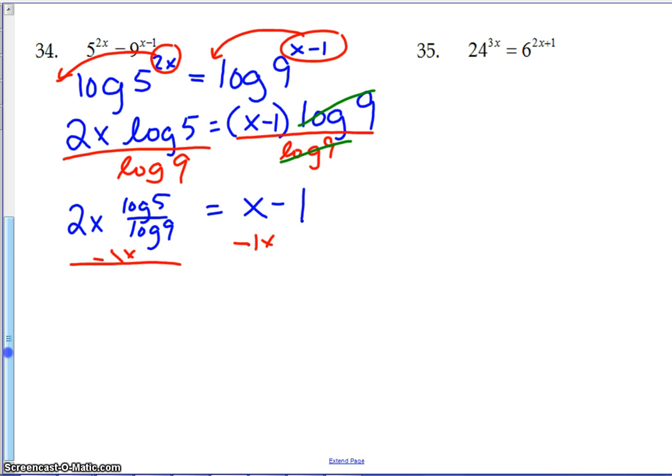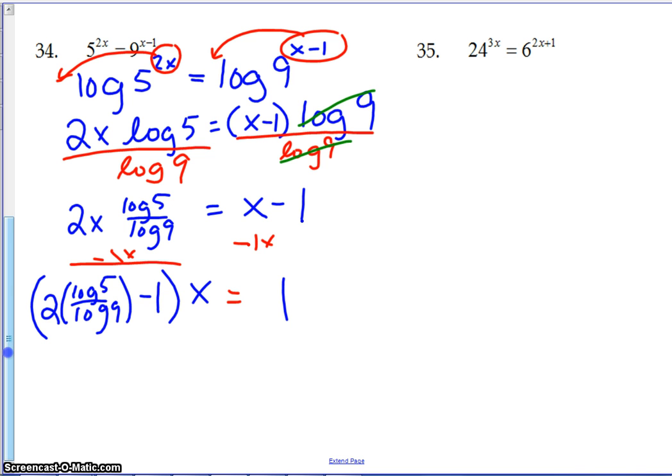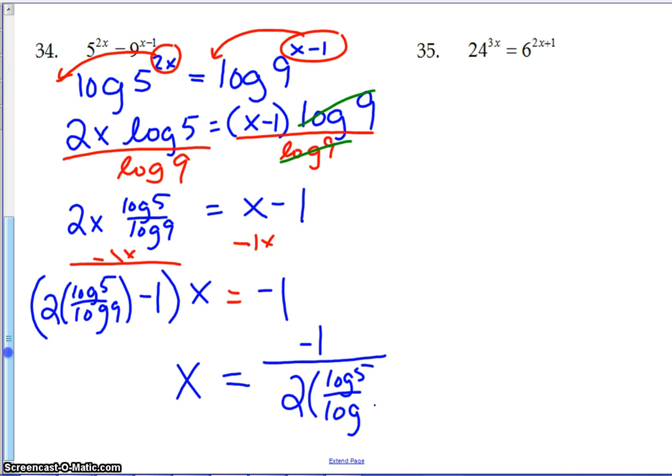So now I have 2 times log of 5 over log of 9, minus 1, and this is all an x, and that equals negative 1. So my x alone would equal negative 1 divided by 2 log of 5 divided by log of 9 minus 1.